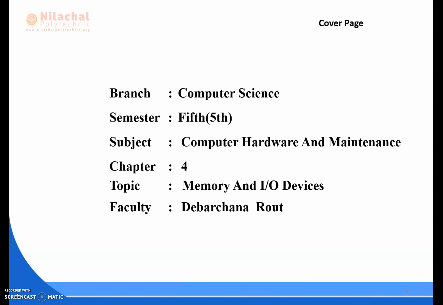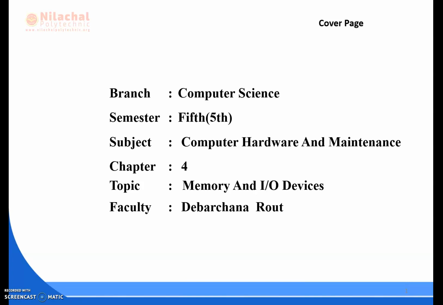So what is memory? In a computer, memory can be permanent, secondary, or temporary memory, which basically stores data in the system. Data can be a set of instructions, programs, text data, image data, video data, or audio data.